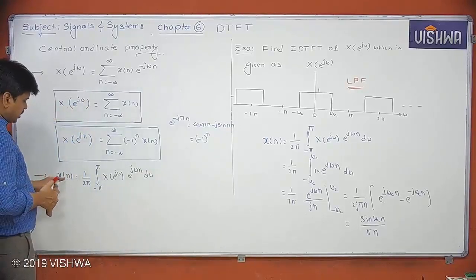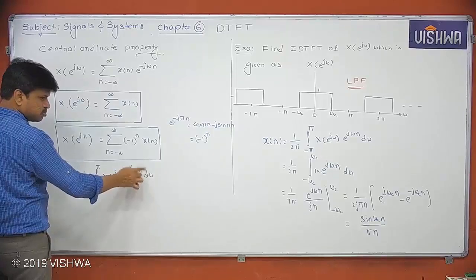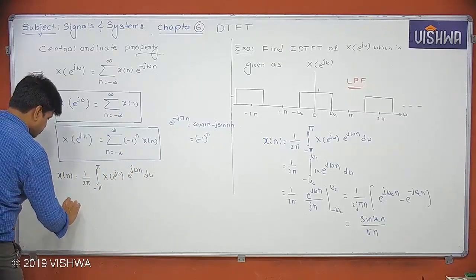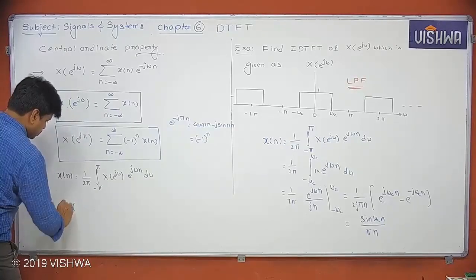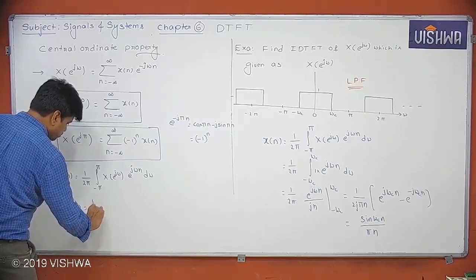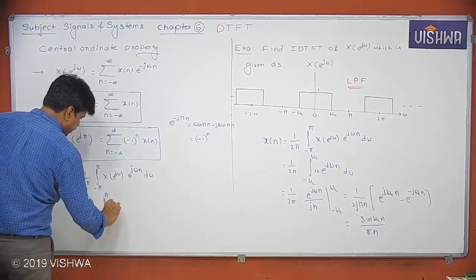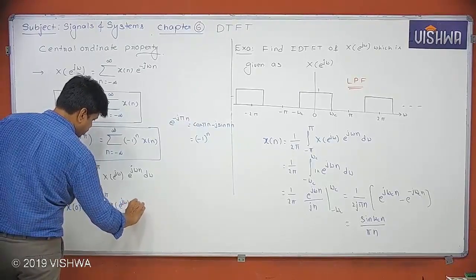Now, especially at n is equal to 0, if I place n is equal to 0, this value will become 1. So finally, we are going to get a formula which is like small x of 0 is equal to 1 by 2 pi, integral from minus pi to pi of X of e power j omega d omega.